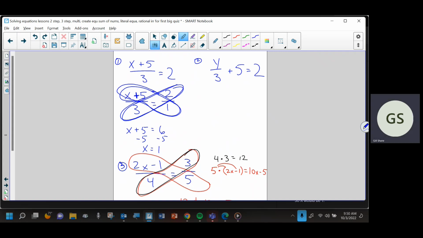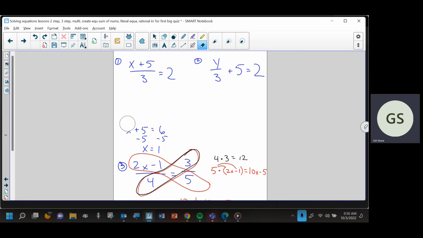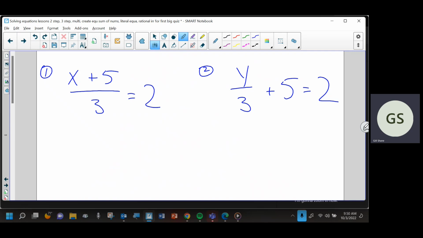Now the other way to solve this, which I will also do, if I don't like this whole butterfly method and the proportions and cross multiplying, I can actually just solve this like a 2-step equation. If I look at problem number 1, I'm going to zoom in now. I really just want to get this x all by itself, which means I need to get rid of the 5 and I need to get rid of the 3.